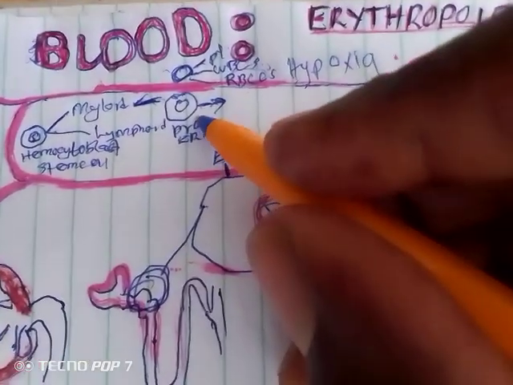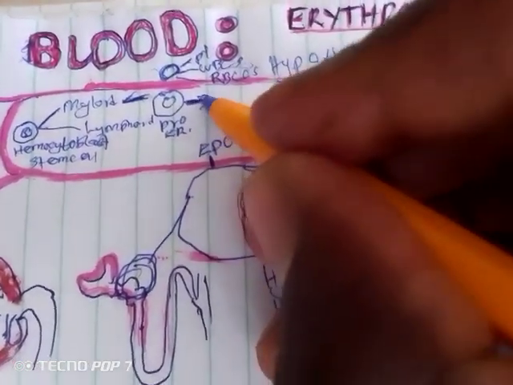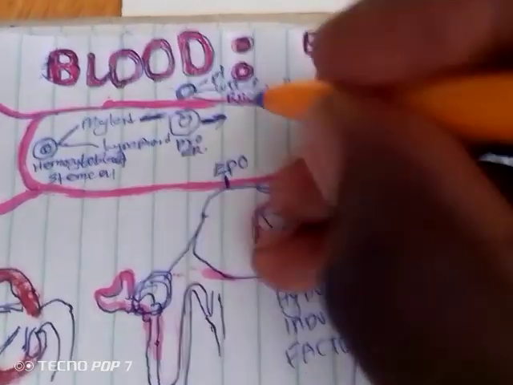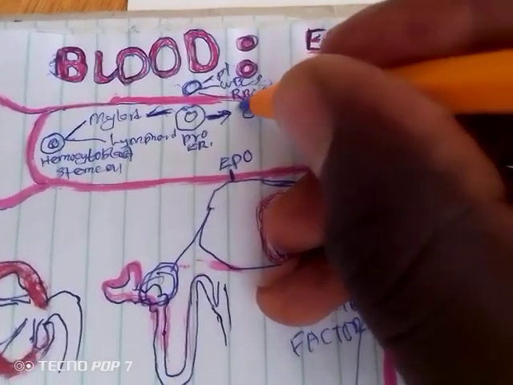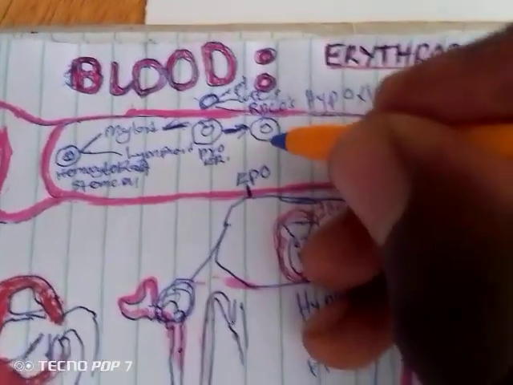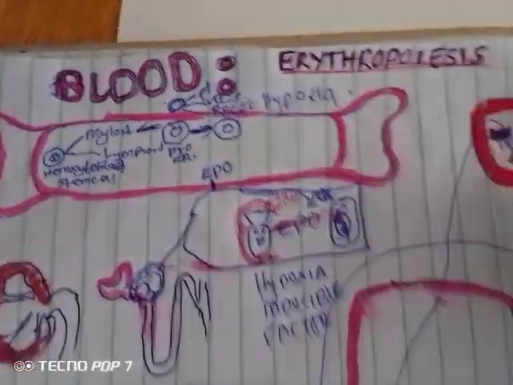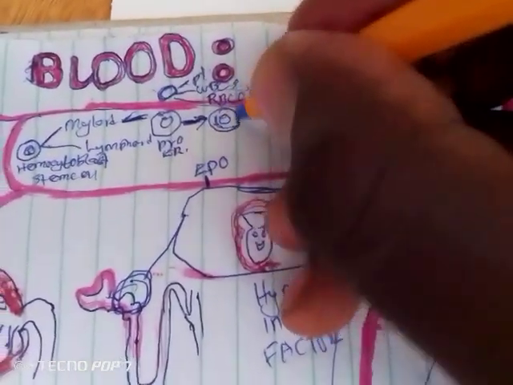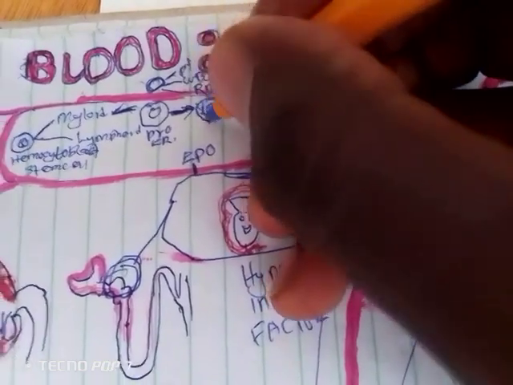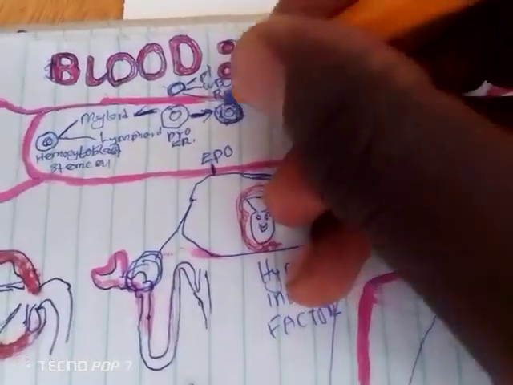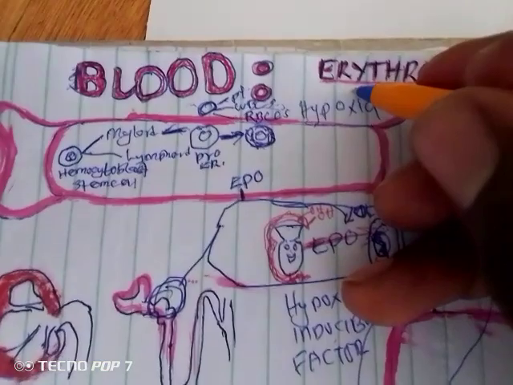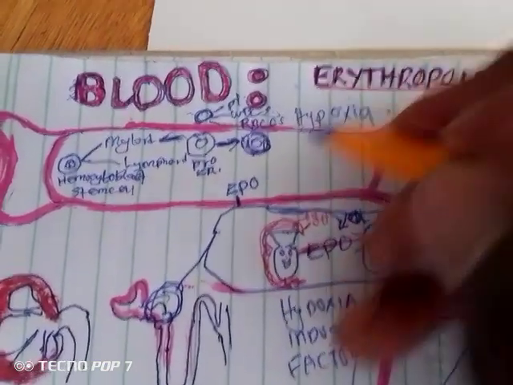After this one, we have the formation of another cell. I'll tell you its name. It's normally called basophilic. It's normally bluish. Basophil, basic. This is due to transcription of DNA to RNA.